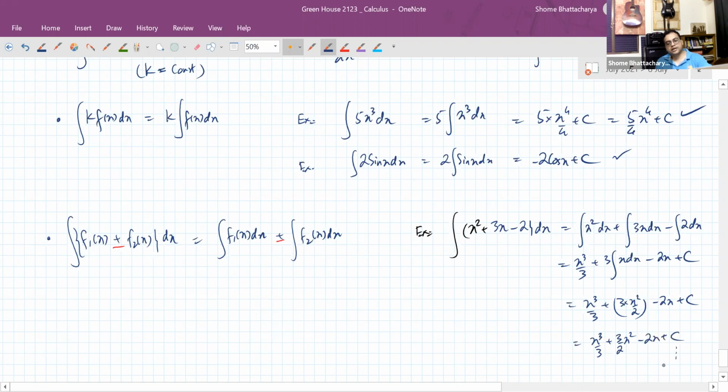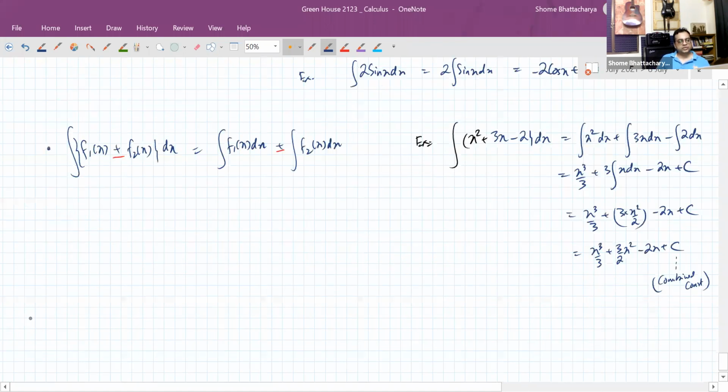So this is a combined constant that we always write. We don't write separate constants like C1, C2, C3, because the sum of 3 constants is also a constant. So we just write a combined constant. So we'll take this down and, as we conclude, try this question.